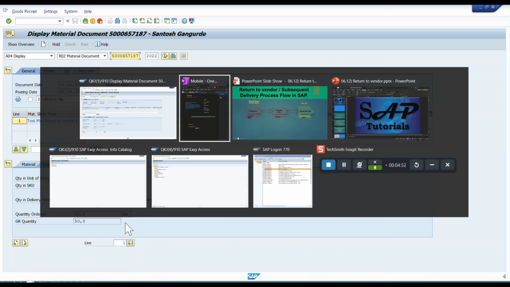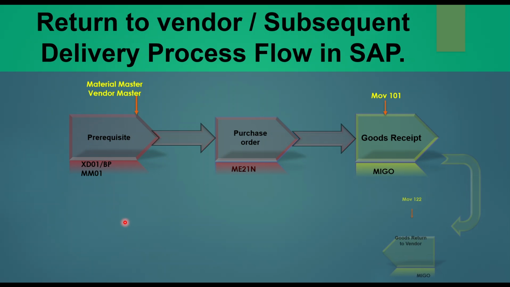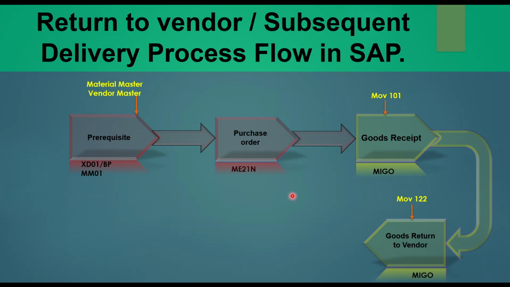Let's say once you have done your GR, you identify there is some issue with this material. You have received 50 quantity of material and found that 10 of that material are defective, of poor quality, damaged or broken. In that case, how will you return to the vendor?